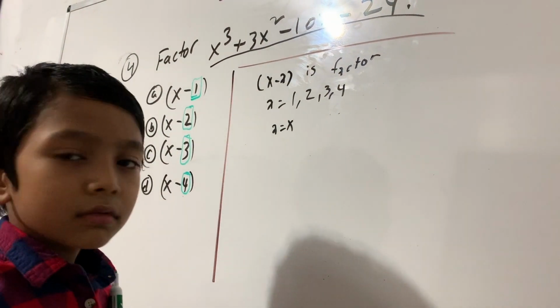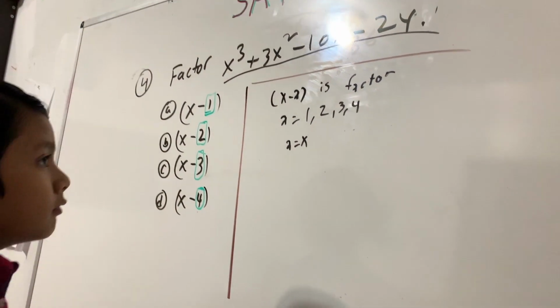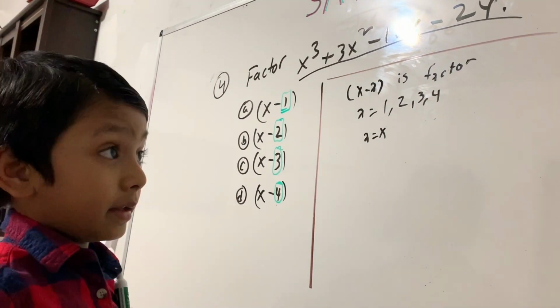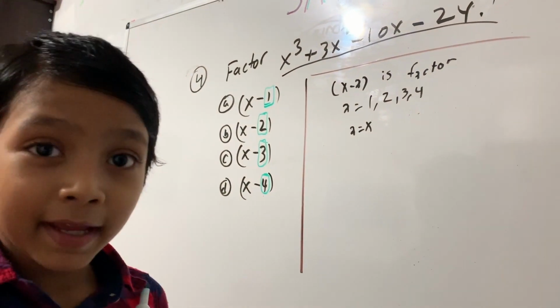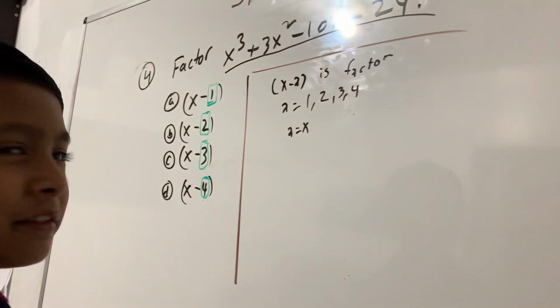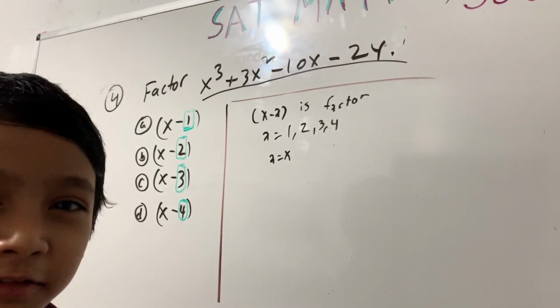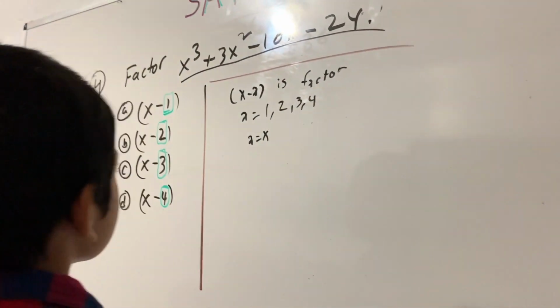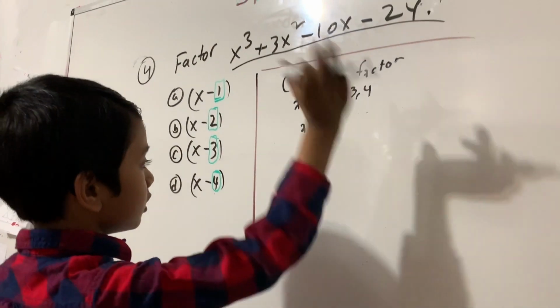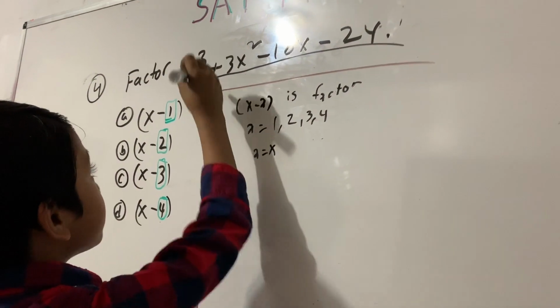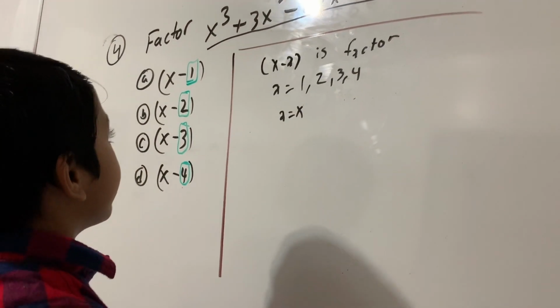So we want to find out which one completely makes it 0. Not even a decimal is remaining. Besides, we're using whole numbers here, so why would we get a decimal? So we want to plug it into this equation.